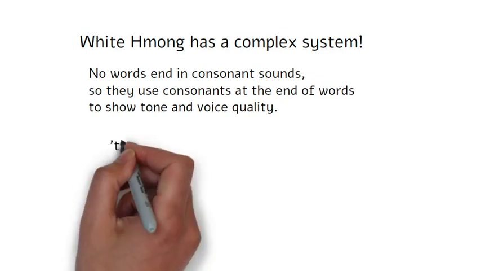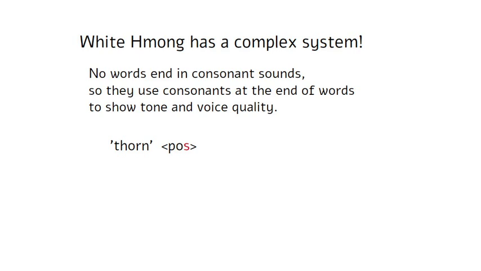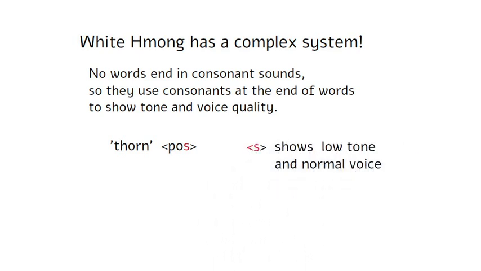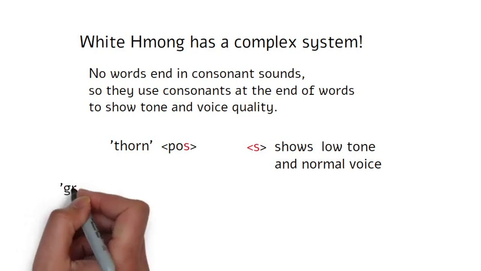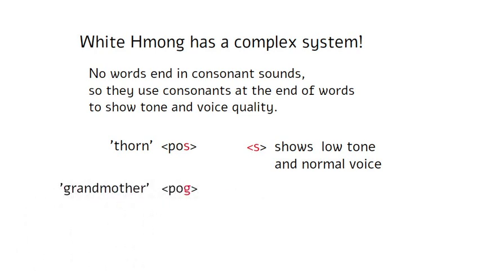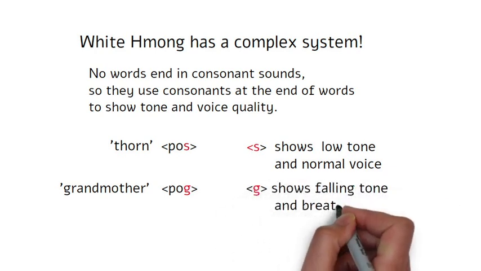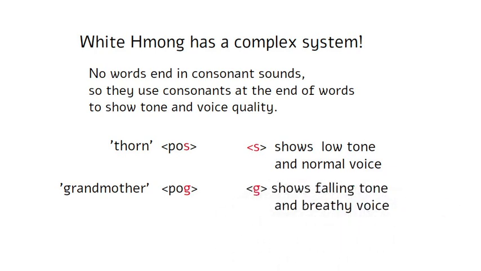In the word for thorn, the S at the end shows low tone and normal voice. Paw. In the word for grandmother, the G at the end shows falling tone and breathy voice. Paw. Let's hear them both again. Paw, paw.